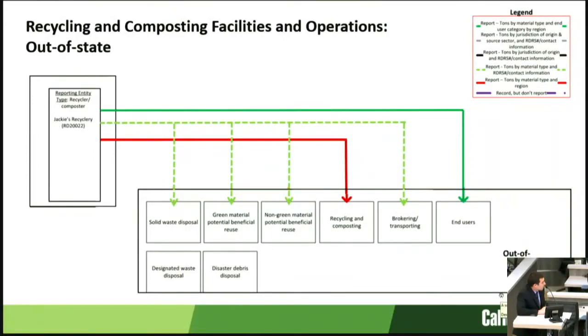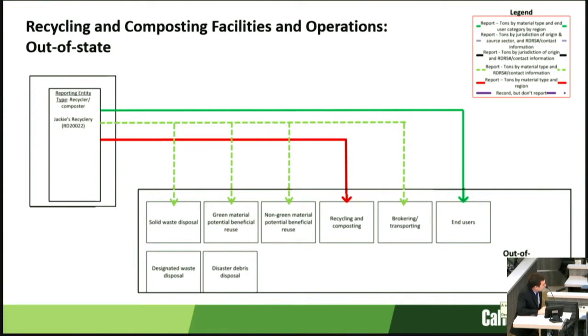Okay, now looking at out-of-state flows. Essentially everything is the same again, except for outflows to recycler or composter out of state, you would not be required to identify the contact information of the out-of-state recycling composting facility or operation.